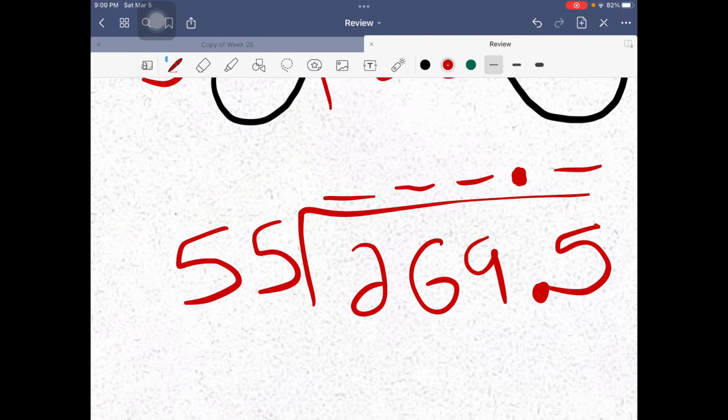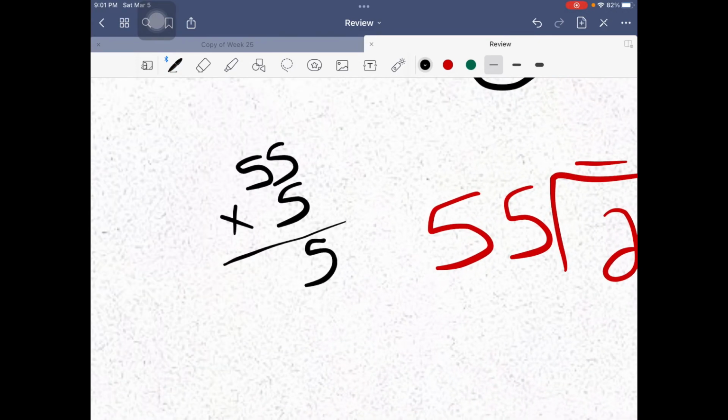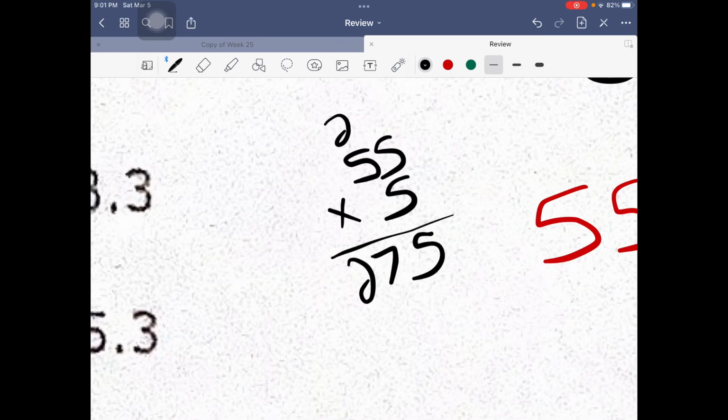How many times can 55 go into 2? What about 26? No, 0, right? What about 269? How many times can 55 go into 269? Well, let's check. Maybe let's try 5. 5 times 5, 25. 5 times 5 plus 2, 27. Does that fit? No, it's just barely exceeding it. So it must be 55 times 4.